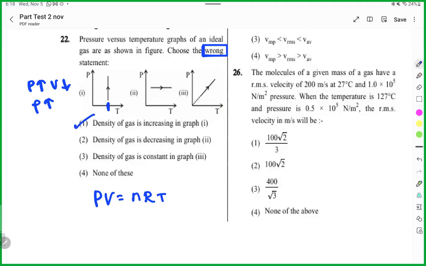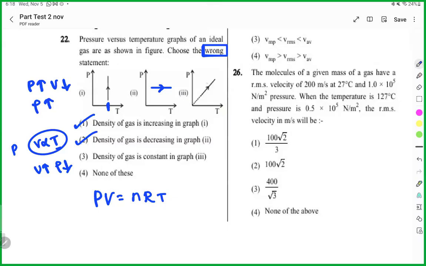So this is correct. Second, in graph two, temperature increases but pressure is the same. If pressure is the same, then by Charles law V is directly proportional to T. So if temperature is increasing, volume will also increase, and density will decrease. This is also correct.